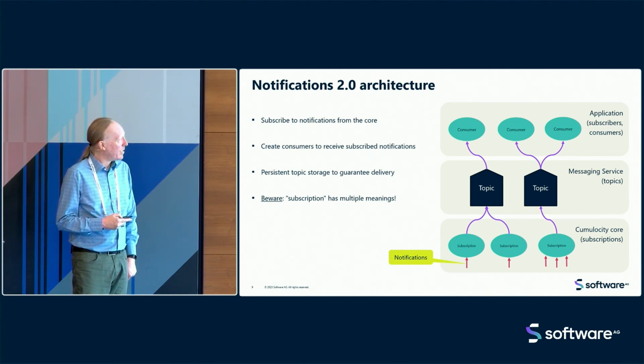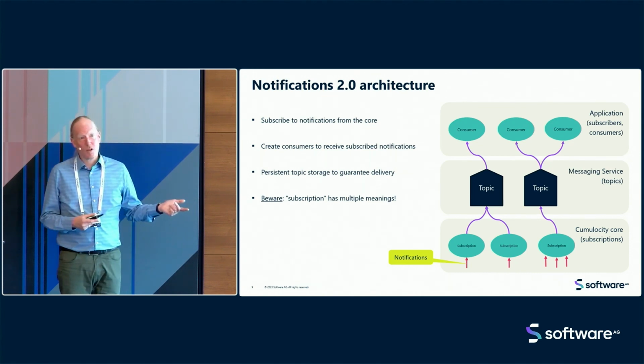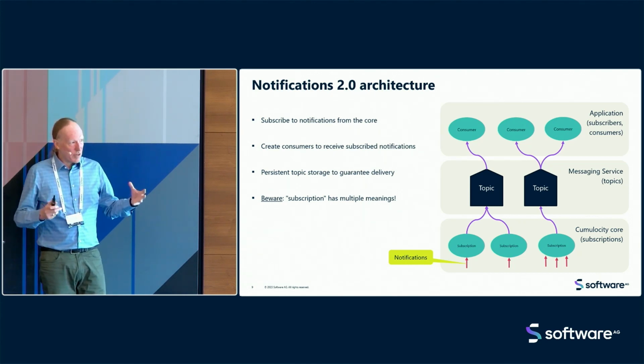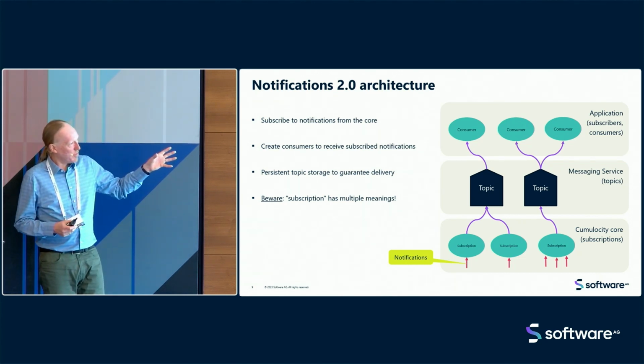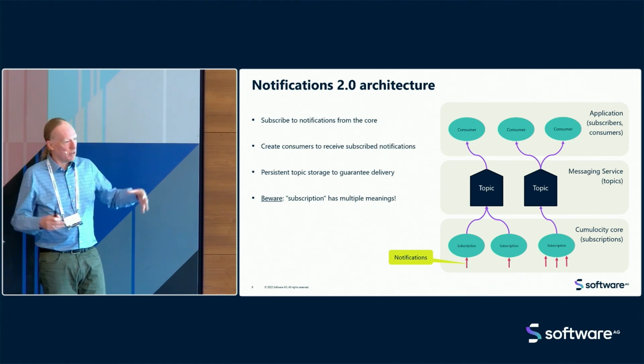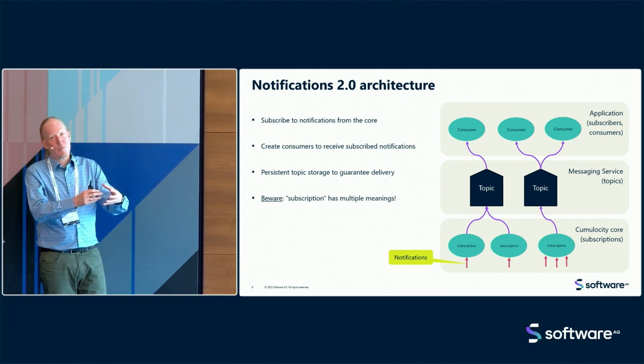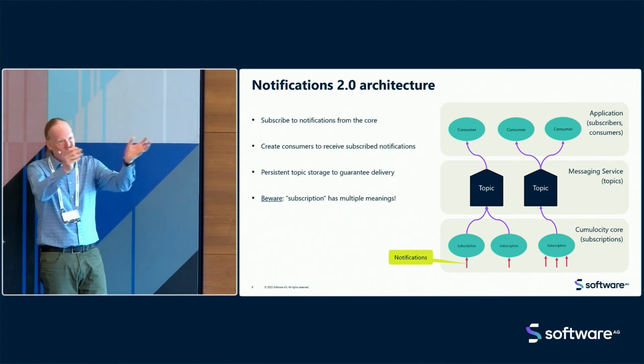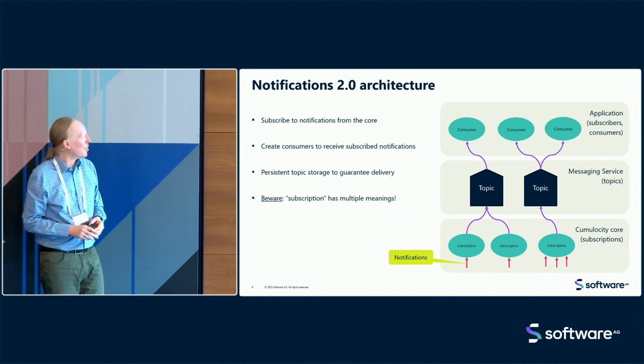And again, here's the idea of the fan-out, where I've got two consumers attached to this topic, and each of those consumers will be receiving a copy of all the messages that go into that topic. So very flexible. The topics are the core thing within the messaging service, and you can push multiple streams of messages into them and have multiple copies of those streams coming out of the other side.